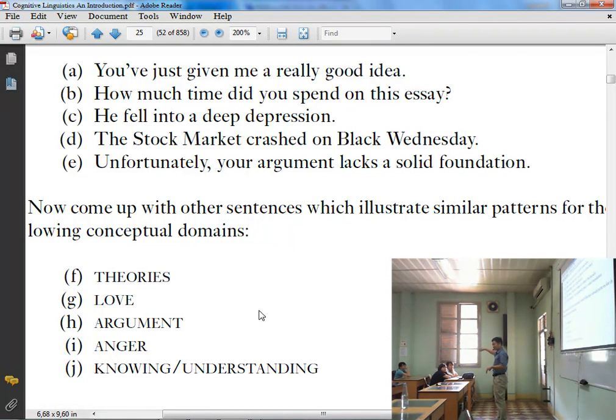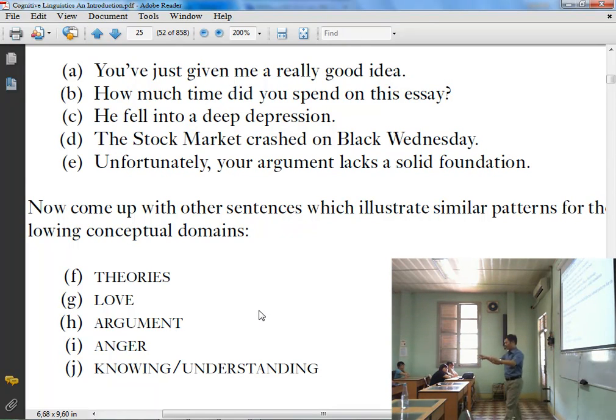Scaffolds are things that go around a building, they help us build the structure. They support his theories with a lot of evidence, the supports of the building. So theories are like buildings.